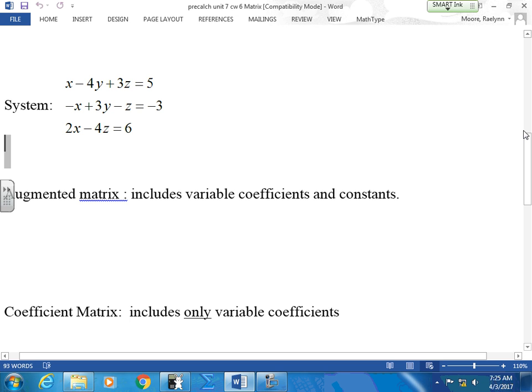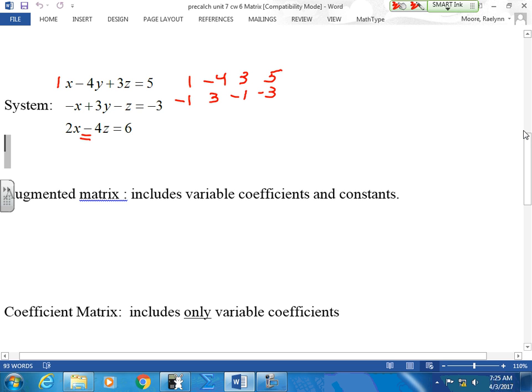So we did this real quick when we were looking at your systems. And the one thing you have to remember to do when you set this up is pull out your coefficients. So if I pulled out my coefficients, it would look like this. Now this one has no placeholder for y.